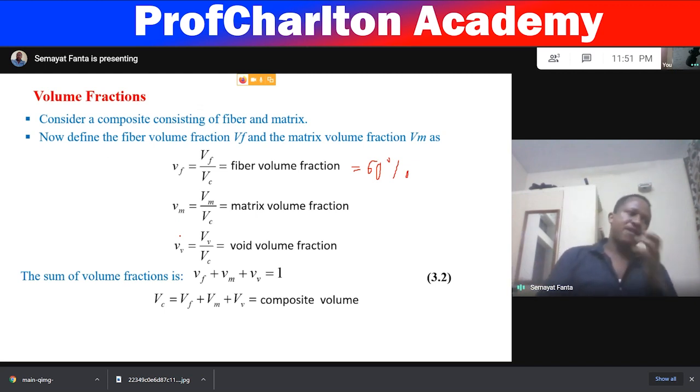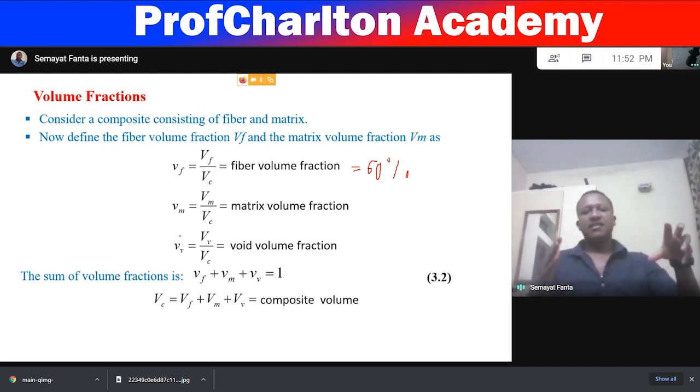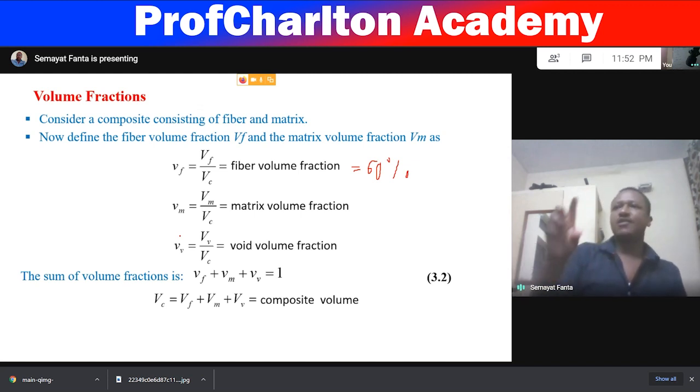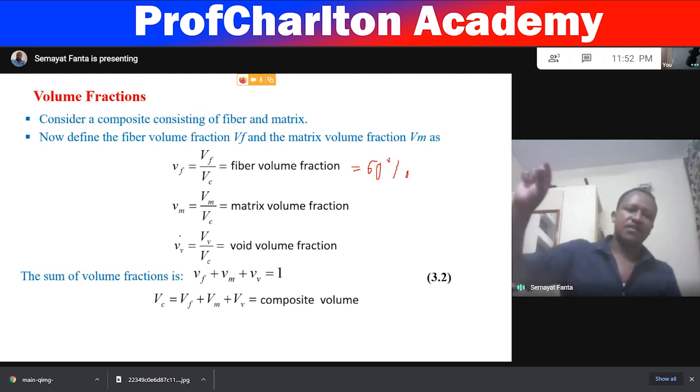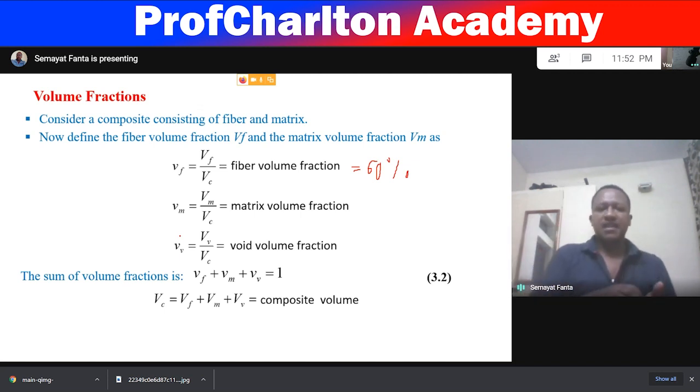While in the manufacturing process, a small void is expected in the system or in the structure, so that the actual volume of the material is greater than the exact volume, because we simply calculate the volume of the actual composite in terms of its length, its width and its thickness. So when we calculate the actual volume, there are voids inside the material.